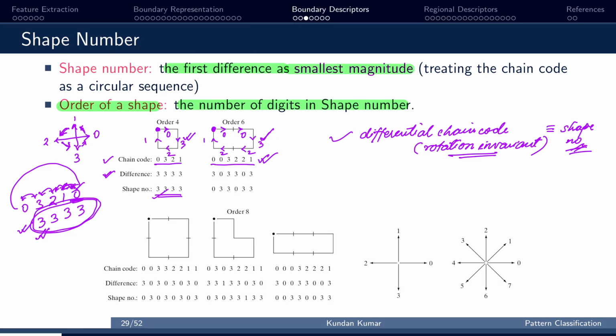Okay, now we have to write the difference. So how can we write the difference? 0, 0, 3, 2, 2, 1. So what is the difference between these two? It is 0. Difference between these two, it is 3. This difference is 3. This is 0.